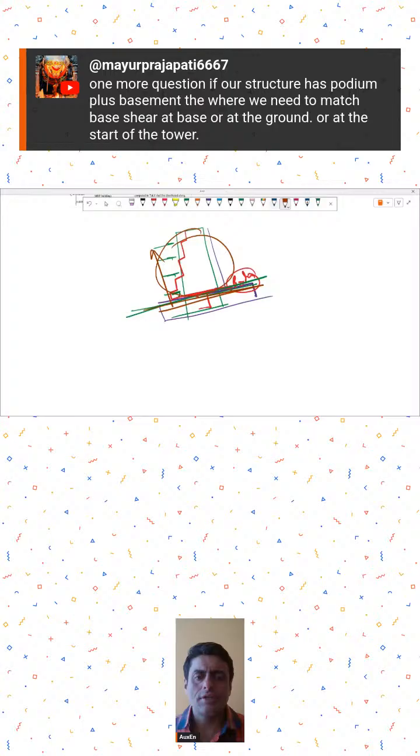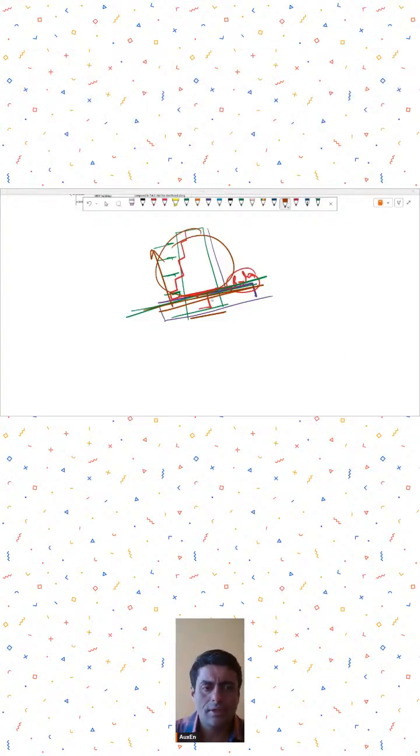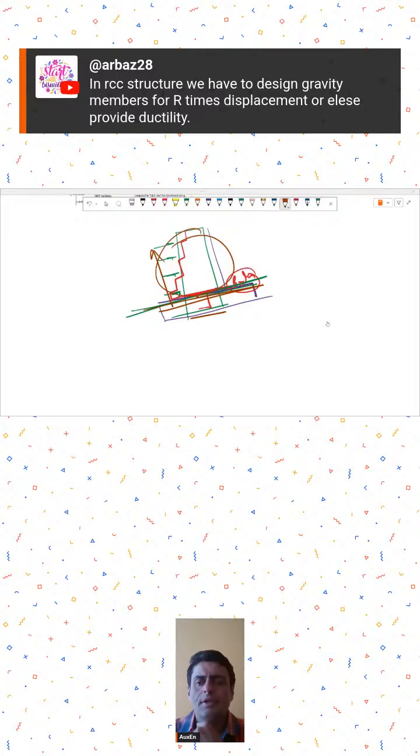So if a shear reversal is happening, you do it like this. Otherwise I think you should do the base shear scaling at base if shear reversal is not happening. These are my views. This is not given anywhere in codes, but this is what I think. Okay, this is what I can think of. All right.